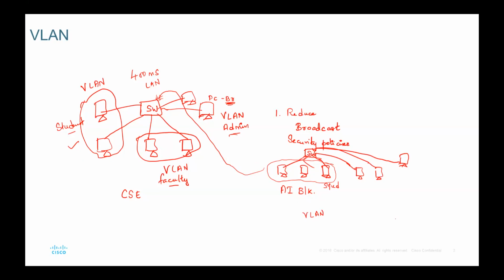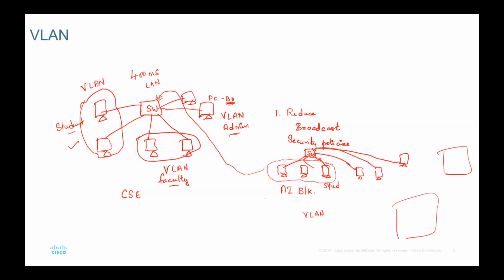No matter in which building they are present, all the students can be put in the same virtual LAN, all the faculty machines can be put in another VLAN, and so on. So what we are actually doing is grouping a physical LAN into subgroups based on the requirements.